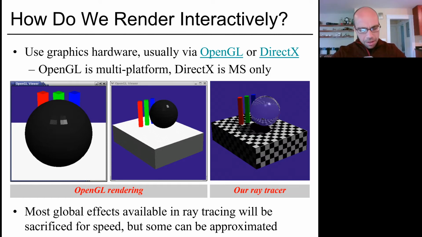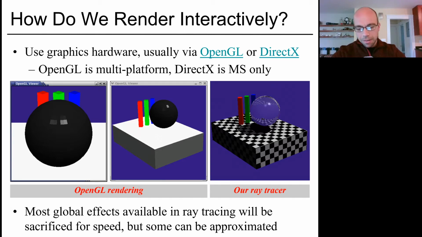So these images show the difference, at least, maybe 20 years ago in quality between what you might get with a typical simple ray tracer and what you might be able to render with a simple rasterization piece of code on your graphics card. So on the left-hand side, our images produced using really simple OpenGL code, and on the right-hand side, our images produced using a ray tracer.